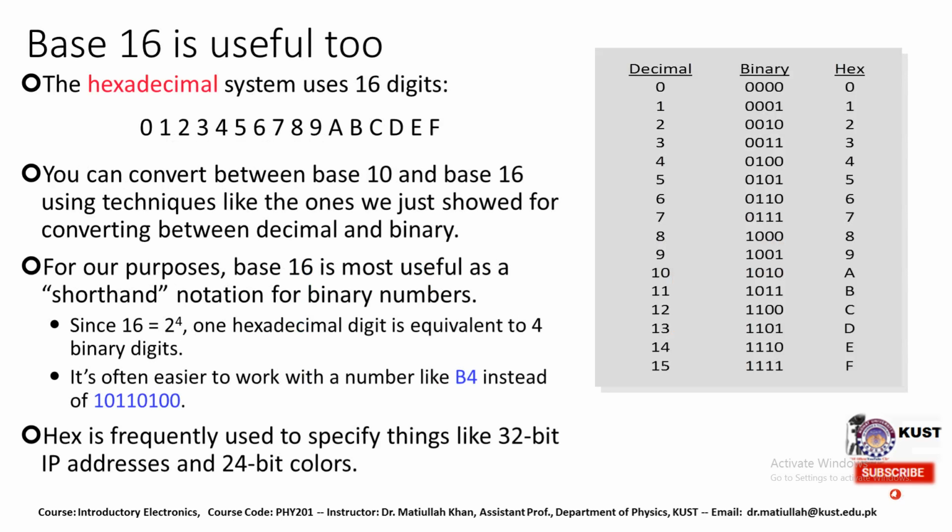So we have base 16, that is the hexadecimal number system, and we can also convert the value from the hexadecimal number system to the binary number system, and similarly from the binary number system to the hexadecimal number system.